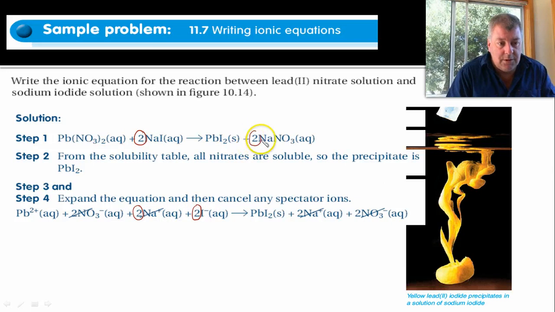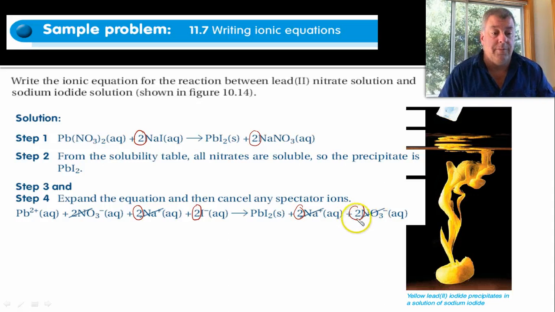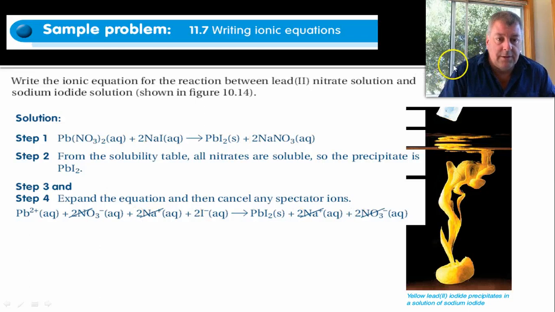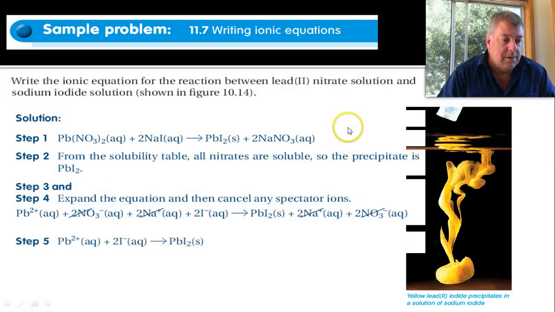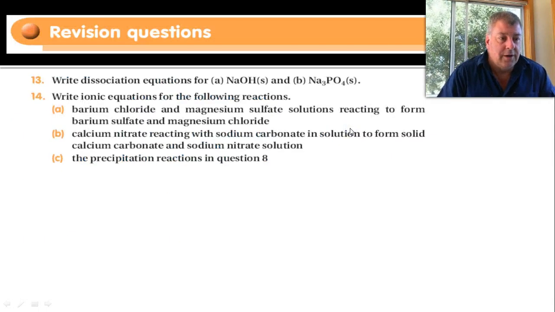And the same goes with this 2 here. That means that there's 2 sodiums and 2 nitrate ions in solution. Another trap for young players. And so we cross out the spectator ions, and we're just left with, there's our ionic equation.